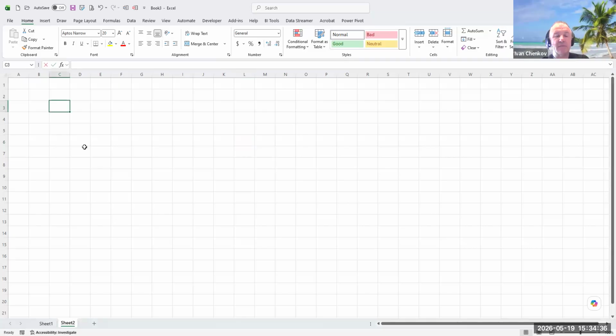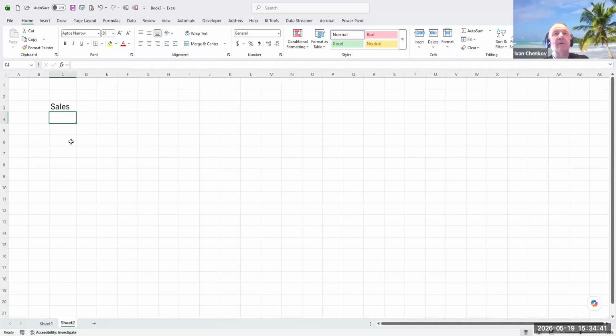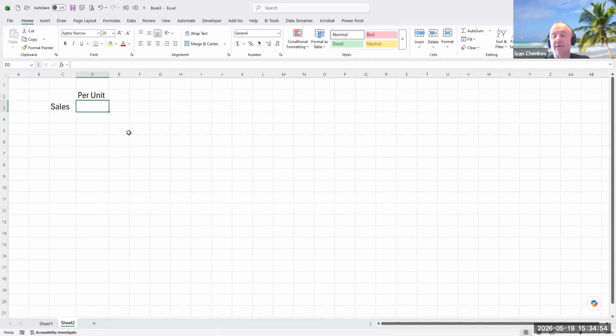Now, let's start with sales. Let's stay with per unit. The first calculation will be per unit. Let's pretend that our sales per unit is $100. Variable cost per unit is, let's stay with $60. Now, our contribution margin in this case is going to be simply 100 minus 60.